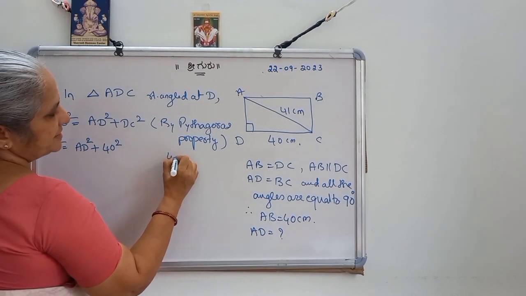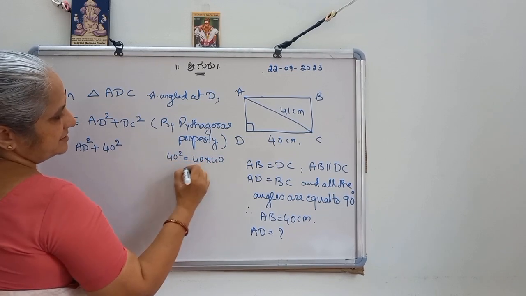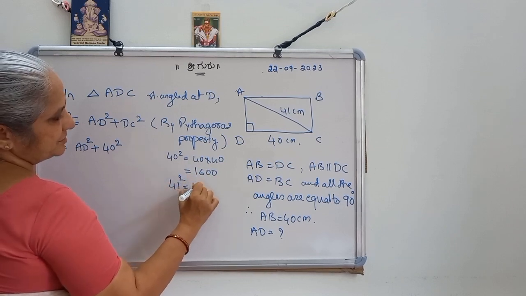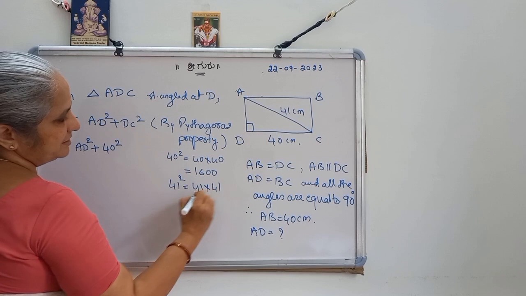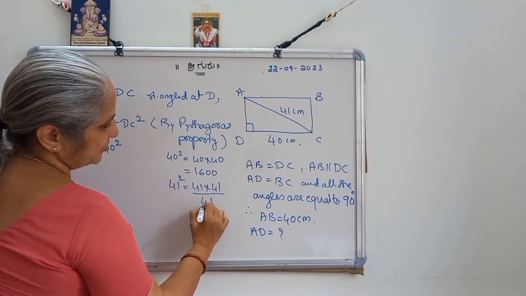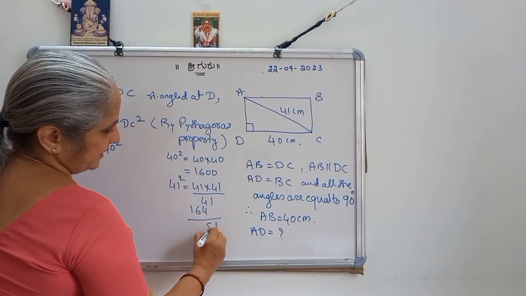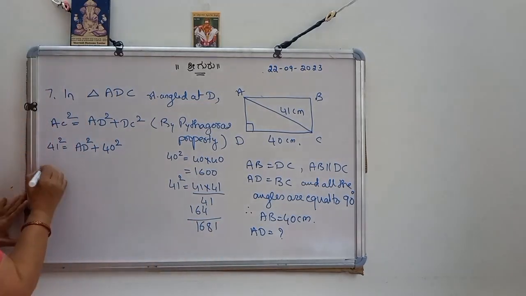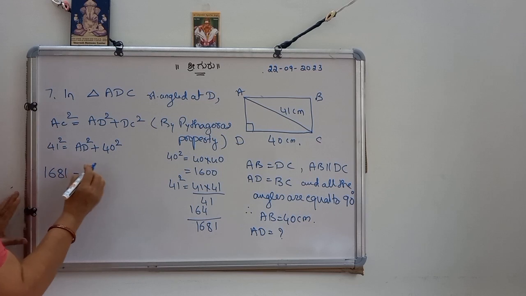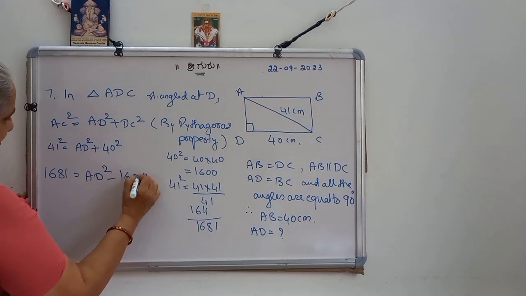Here 40 square is 40 into 40, which is equal to 1600, and 41 square is 41 into 41, which is 1681. So 1681 is equal to AD square plus 1600.